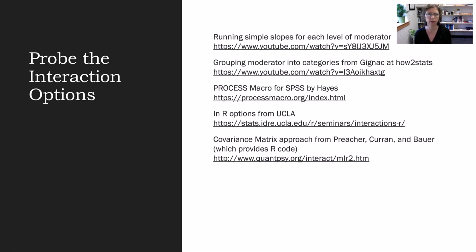I picked out 3 options for SPSS and 3 options for R, and some of them are kind of the same as each other. For the slides here, I'll show you the first one, running simple slopes at each level of the moderator. Then in the labs, we're going to put our hands on trying a few of these.